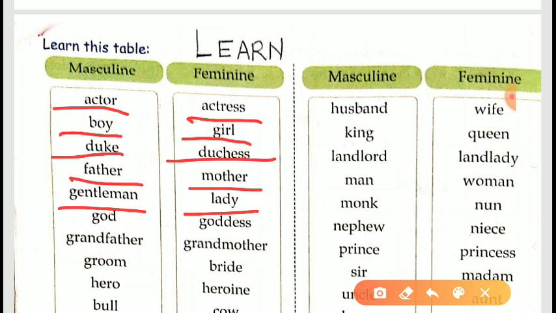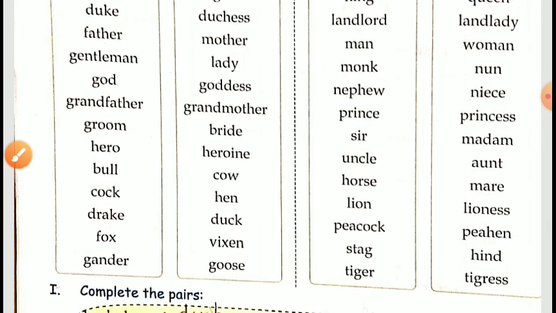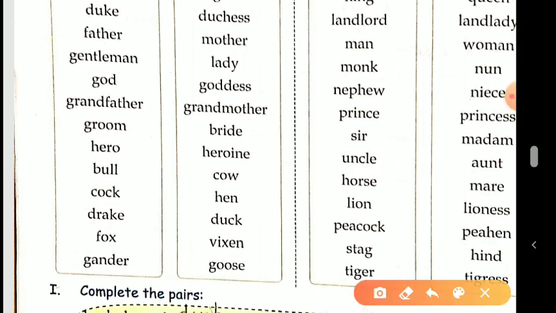Students, I would like to tell you something important about the word God, that G of God is never small. So please make the G of God capital. I have told you in earlier videos also that G of God we never write with small g.